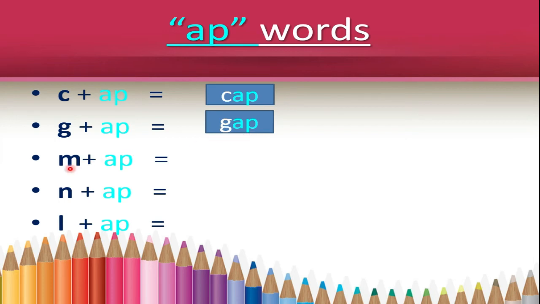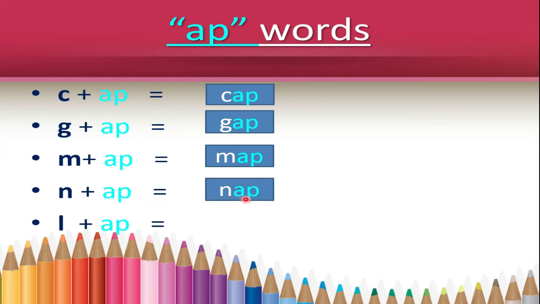When we join M with AP, it forms map. M-A-P, map. When we join N with AP, it forms nap.